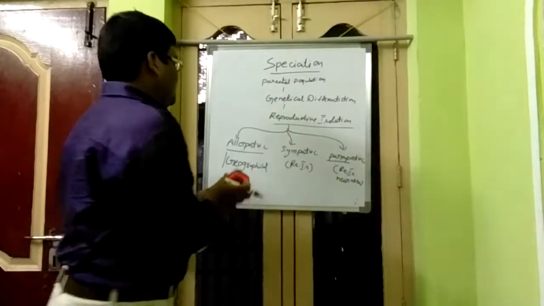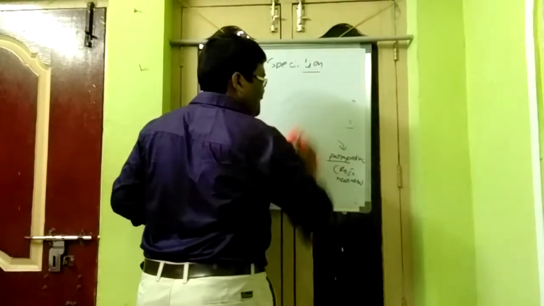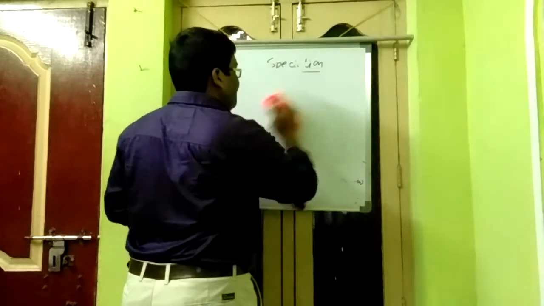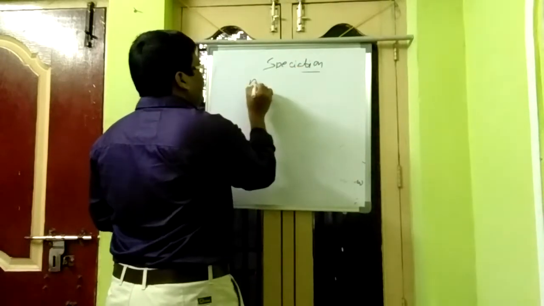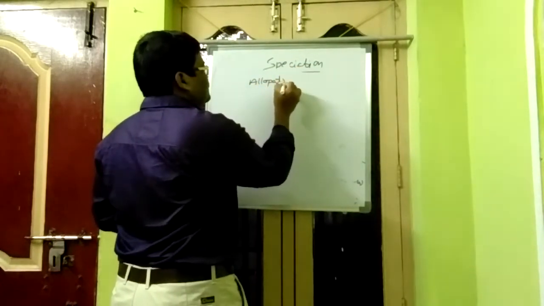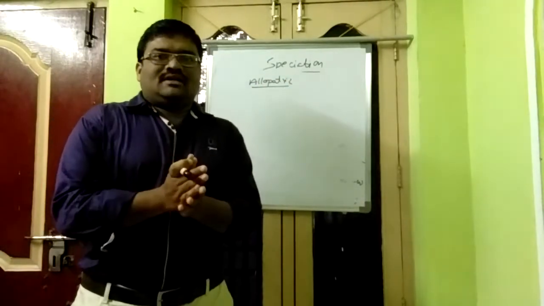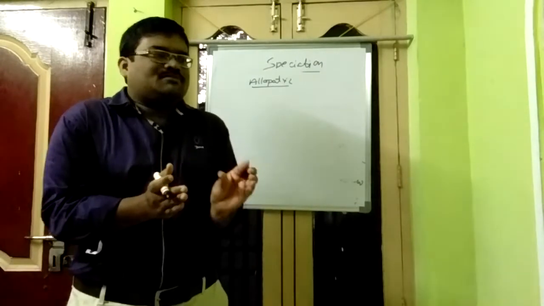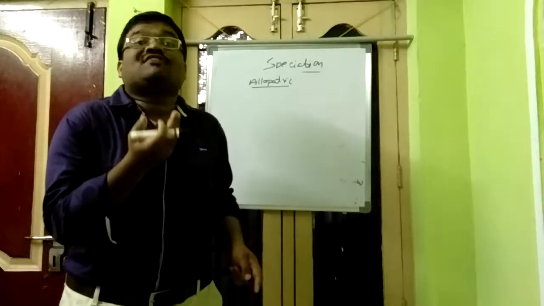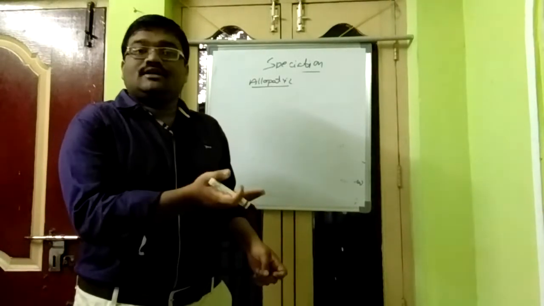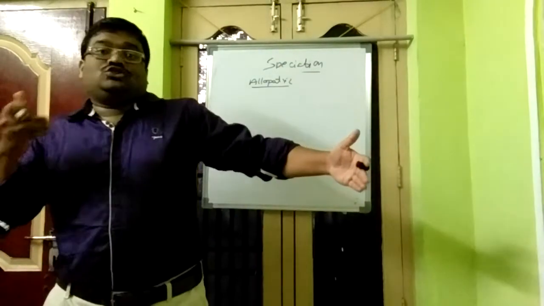First, allopatric speciation. Here, at first, the parental population divides, a small group of individuals separated from the parental population because of a geographical barrier, maybe an ocean, a desert, a mountain, or even distance.